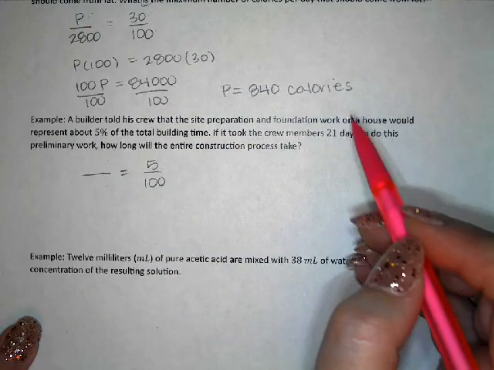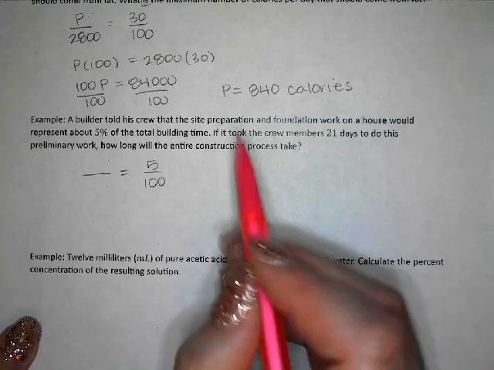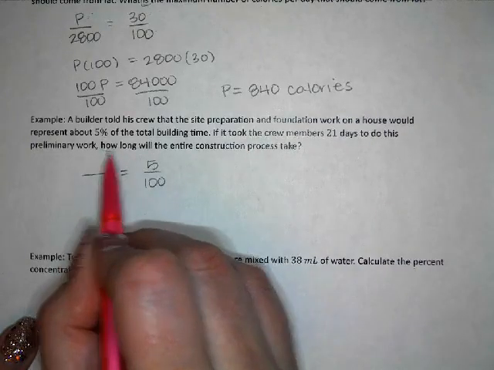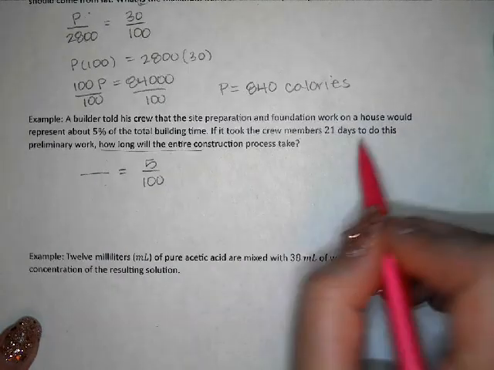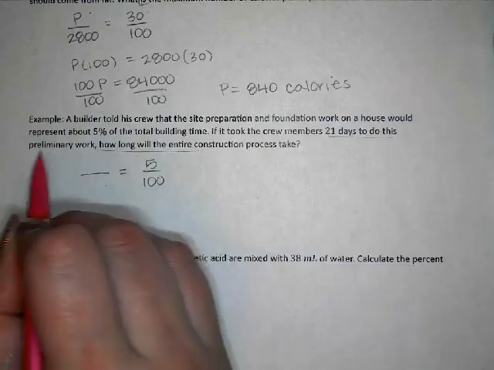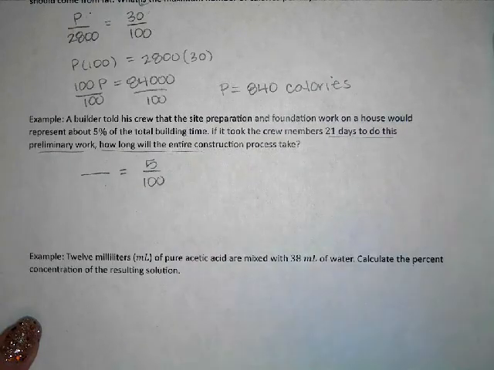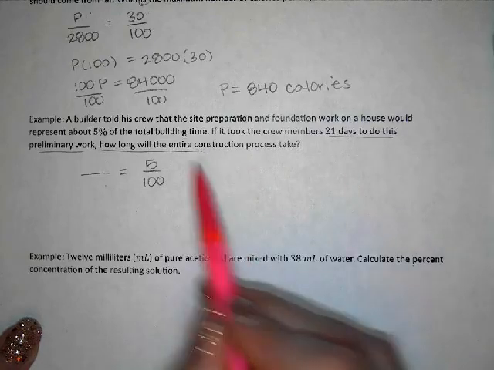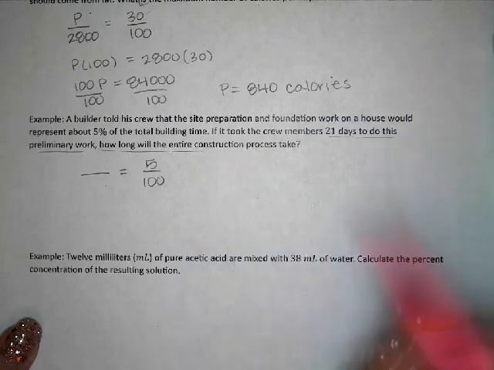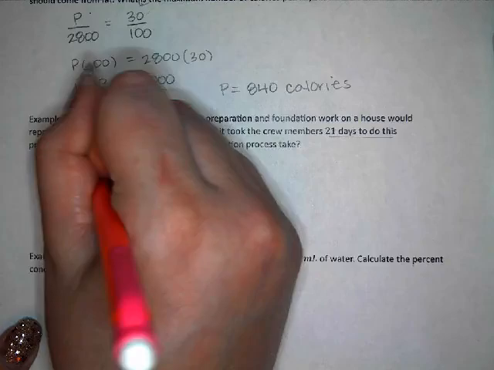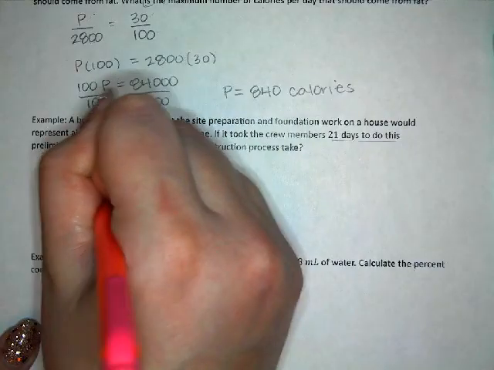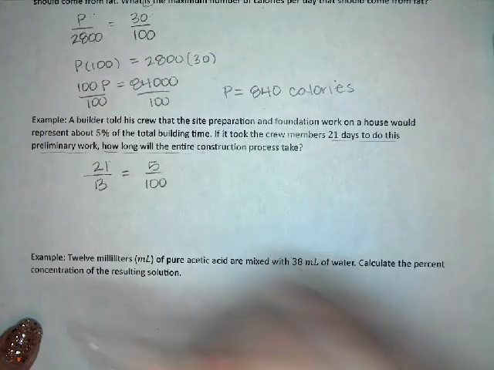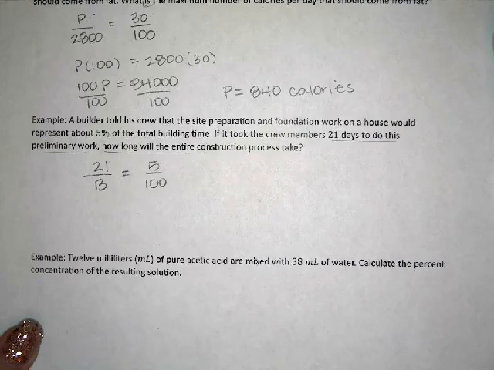It says how long will the entire construction process take, and then 21 days to do preliminary work. So 21 days for preliminary work sounds like a part, and then the entire process sounds like the whole. So I'm going to say 21 for preliminary, and then I'm going to put B for the base or the whole or the total amount. And then I'm going to just solve this and cross multiply.